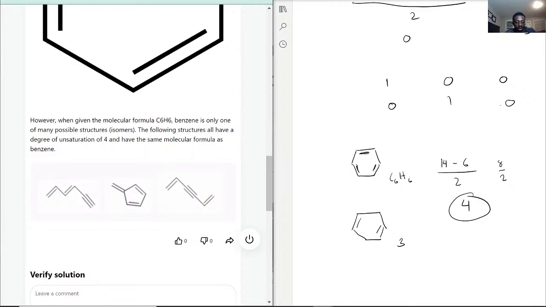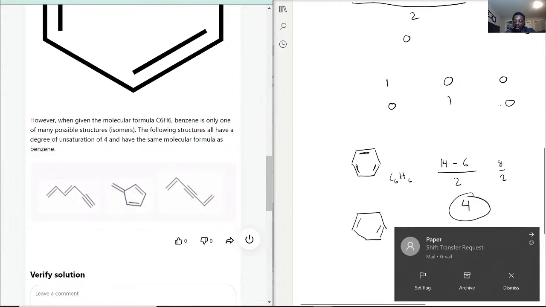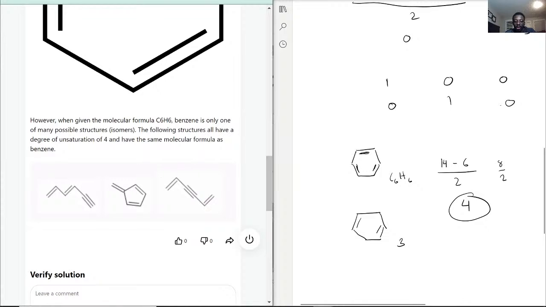And they do mention that just because you know the degree of unsaturation and the type of molecule doesn't mean all of a sudden that you know what type of structure it is, because they show a bunch of isomers here that still have C6H6, but it's not benzene. These are all isomers of it because they have the same formula.